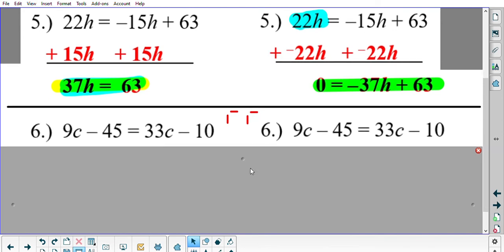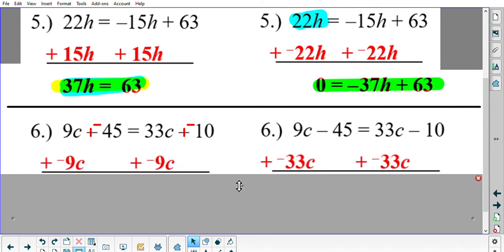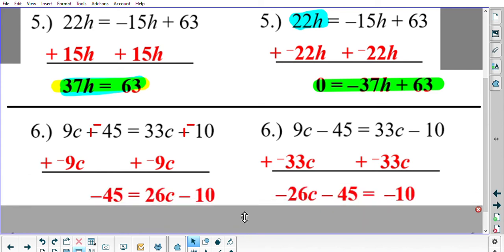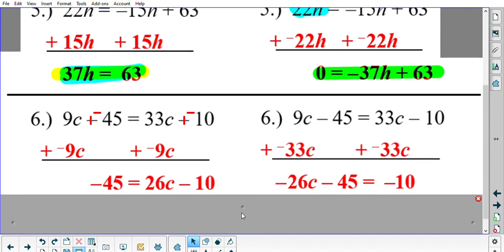All right, number 6. My recommendation is to make subtraction become adding the opposite. And I want to show you why I would do that. Now, you could add negative 9c or you could add negative 33c to both sides. The choice is yours. But do you understand what you're going to get when you do that?